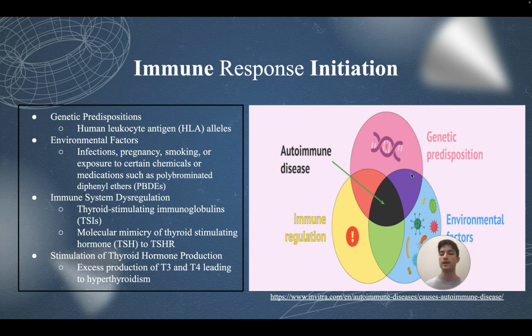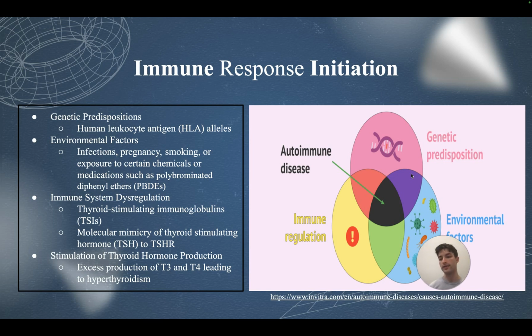You also have environmental factors, things that can trigger the autoimmune reaction. These include infections, bacterial or viral, pregnancy, smoking, or exposure to certain chemicals such as polybrominated diphenyl ethers. This basically triggers the activation of the immune system and initiates an autoimmune response in those susceptible individuals.